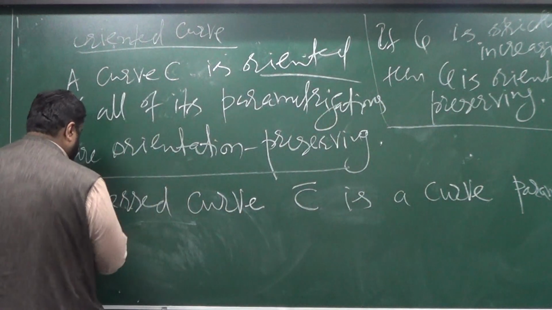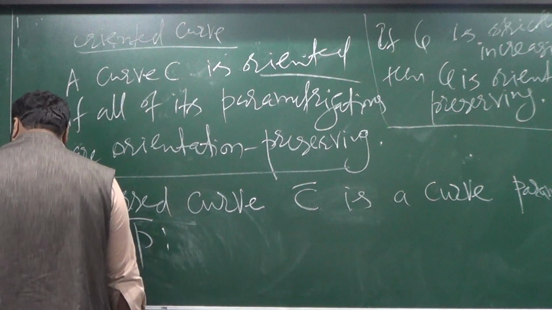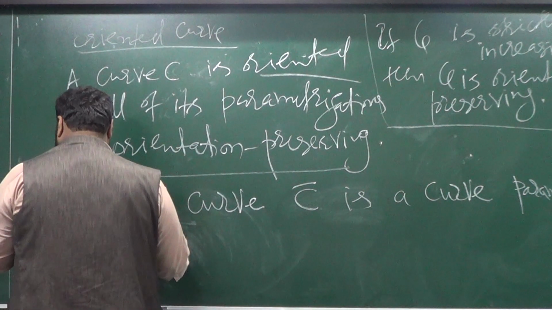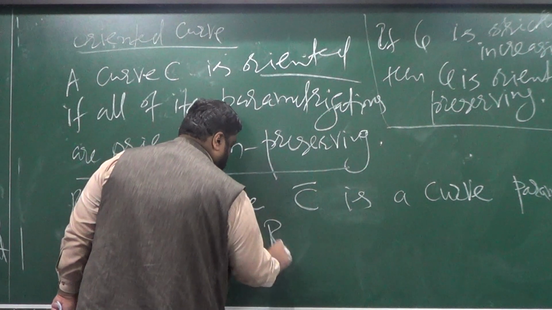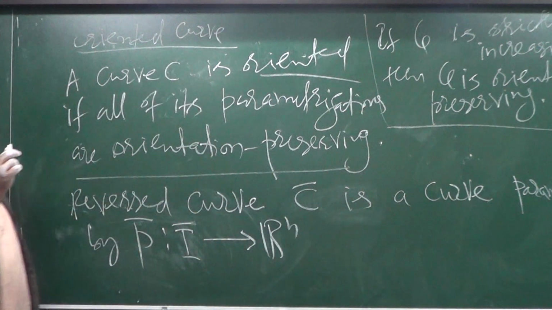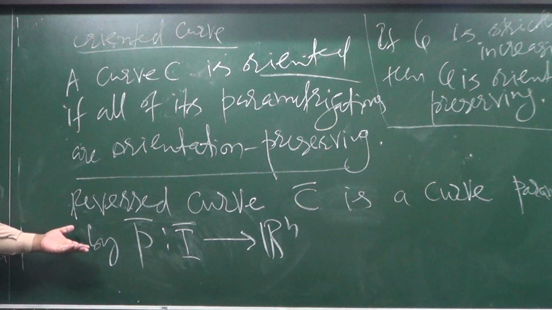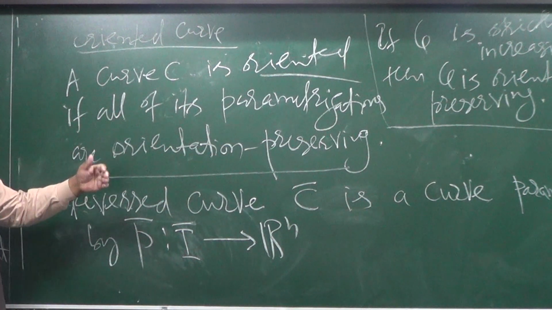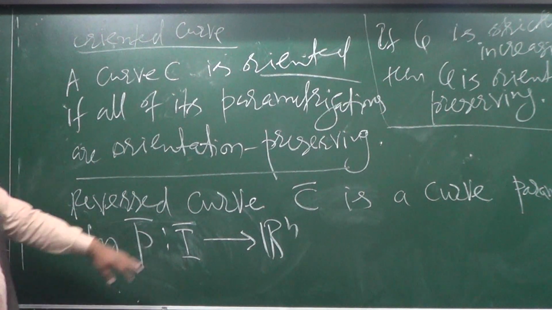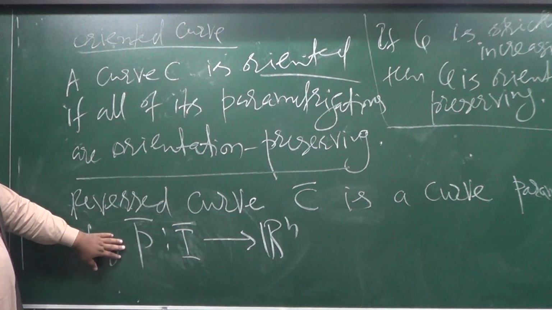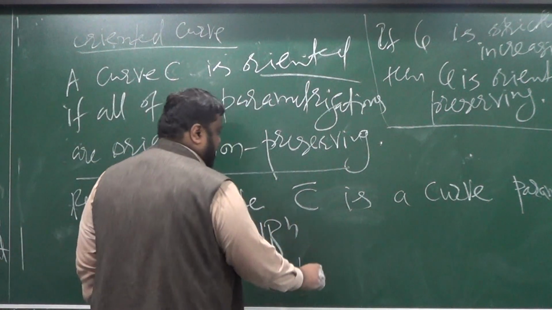It's going to be a map from I bar to Rn. I'll write in a moment what the meaning of I bar is. Imagine I know what P, C and I are for this curve. The question is, how can I find a reverse curve for a given curve? We denote it by C bar, the parameterization P bar, and the interval is I bar.